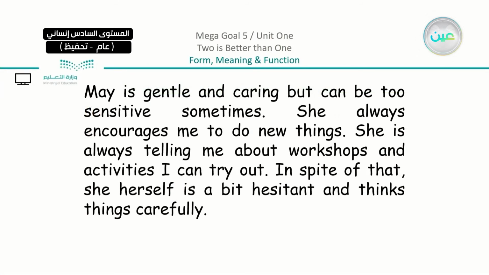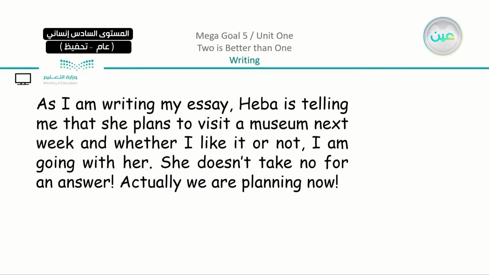Now we're going to see the same idea. We have: May is gentle and caring, but can be too sensitive sometimes. She always encourages me to do new things. She is always telling me about workshops and activities I can try out. In spite of that, let's just go back.